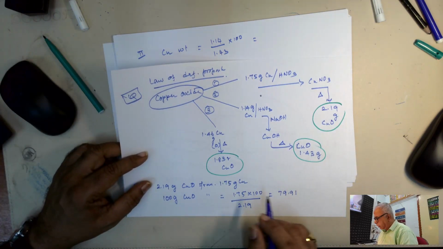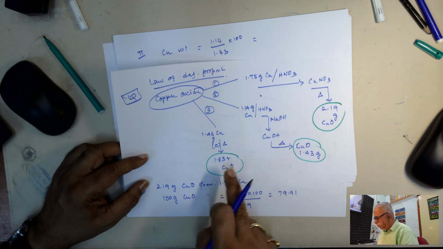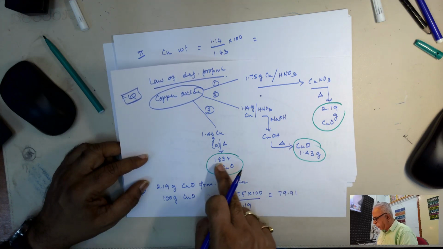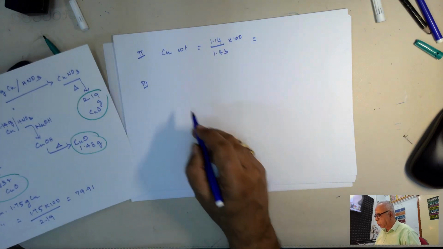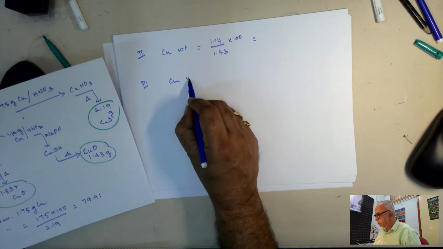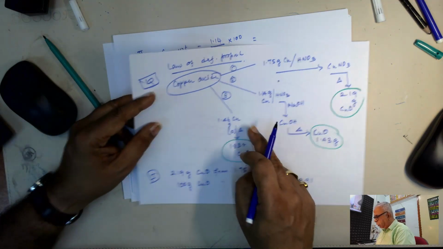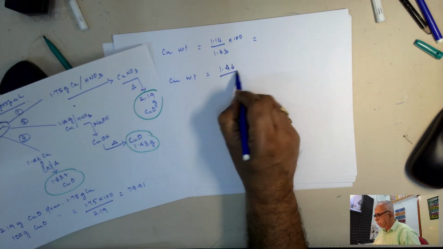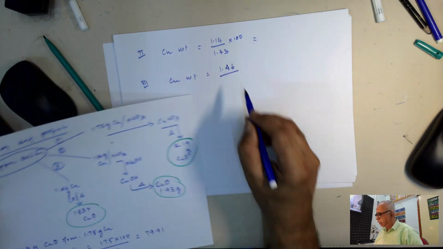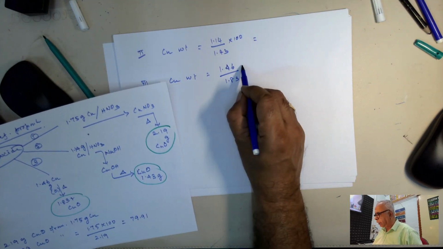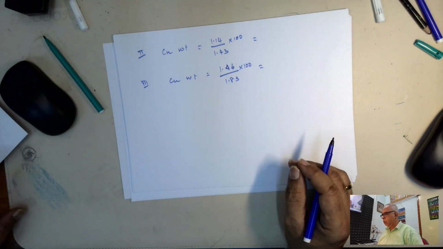What is that? 1.83 should have been obtained from 1.46. So in the third case, copper weight, that is, 1.46 divided by 1.83. Okay. Now find out the ratio.